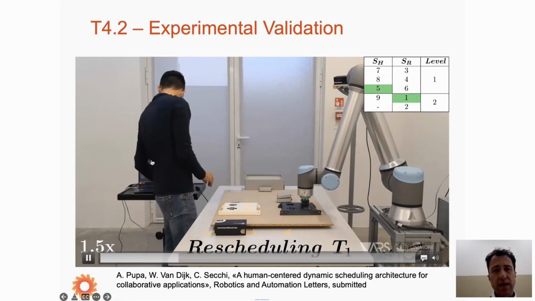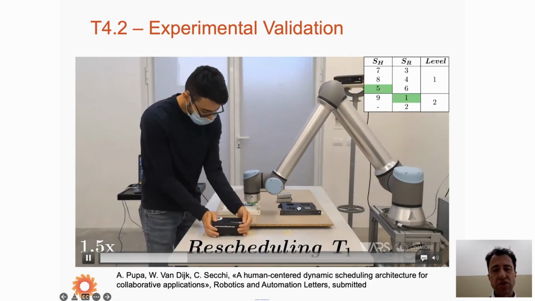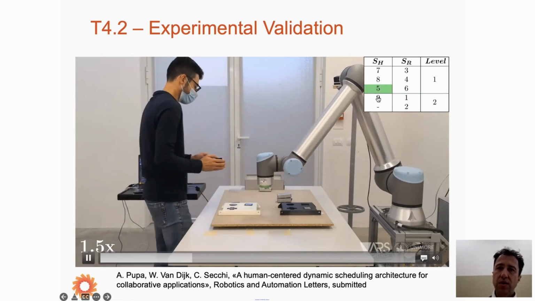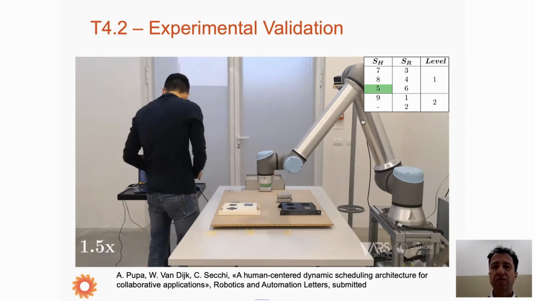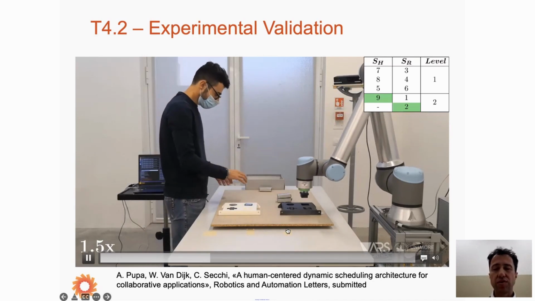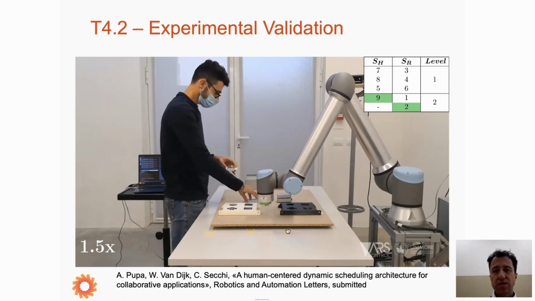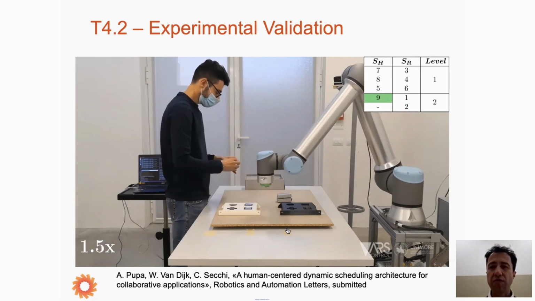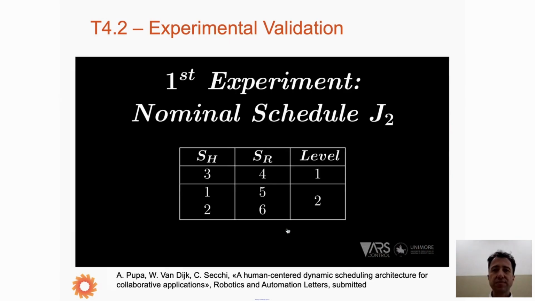And since it seems that Andrea is a little late with respect to the nominal time, the dynamic scheduler schedules another task for the human and for the robot. So the robot can move ahead and take one of the tasks. For the sake of time, we'll move forward. I'll be happy to show you the rest of the video later if you're interested.